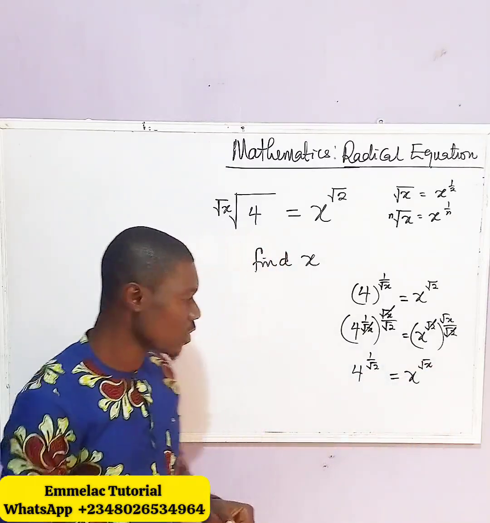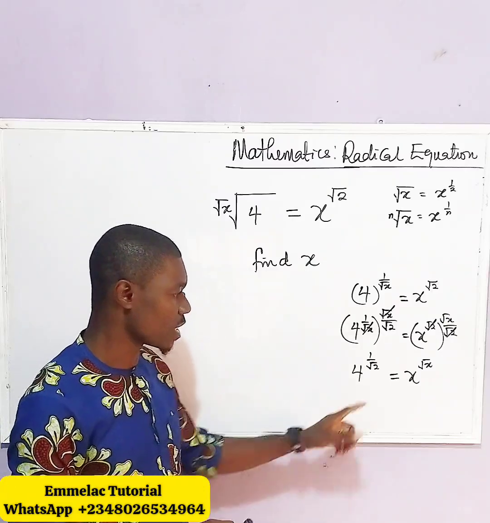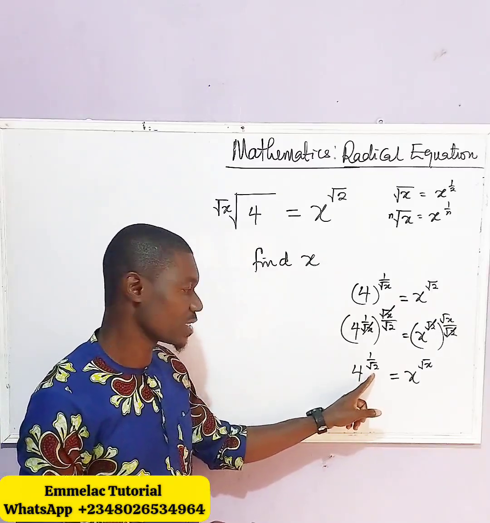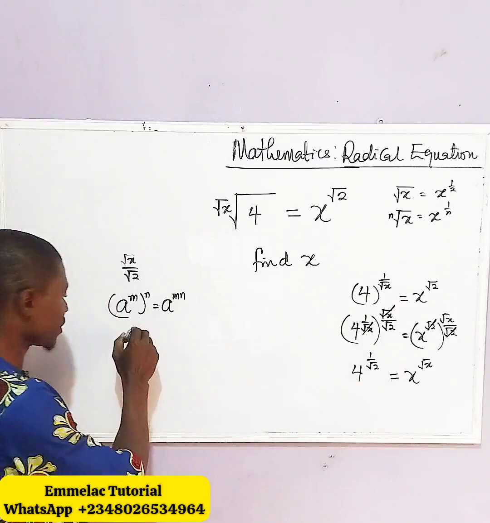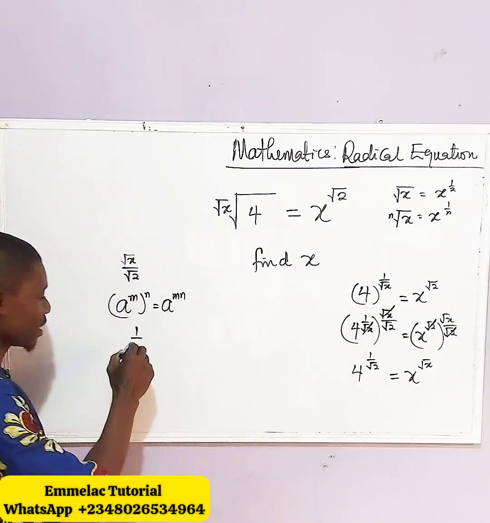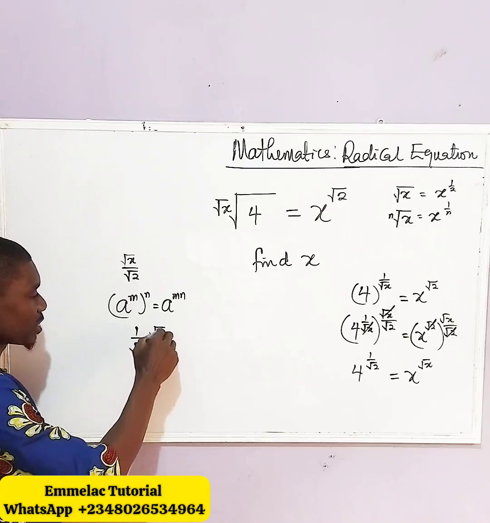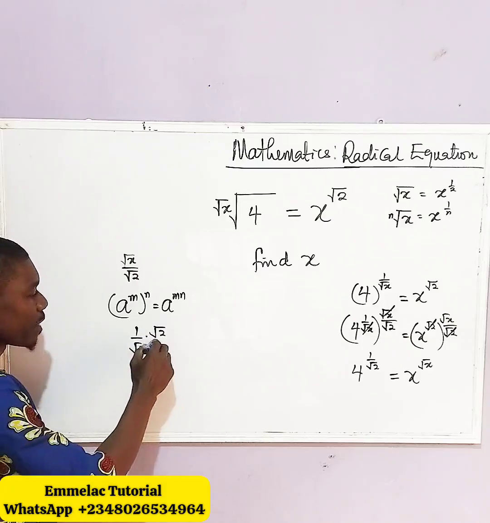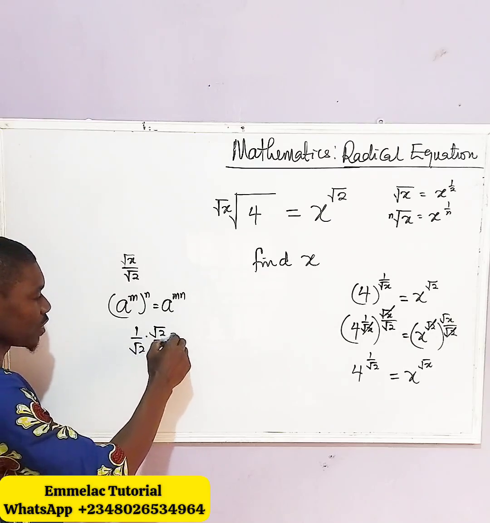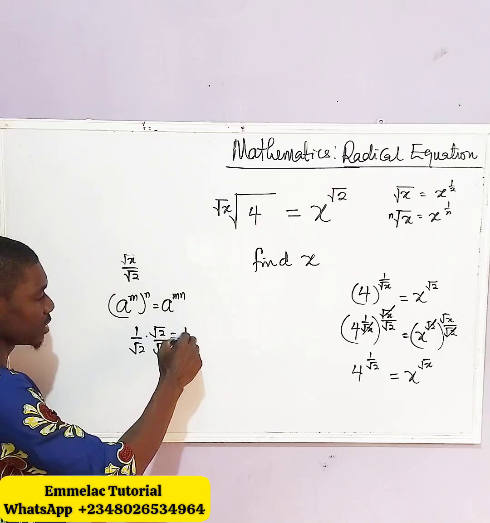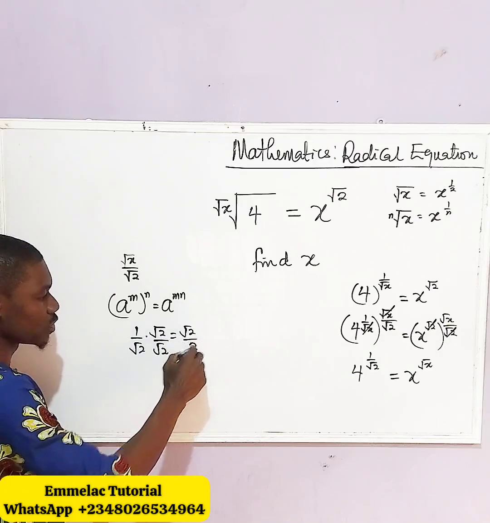At this point, let me rationalize the term 1 all over the square root of 2. Rationalizing implies that I multiply both the numerator and the denominator by the denominator, giving me the root of 2 all over 2.